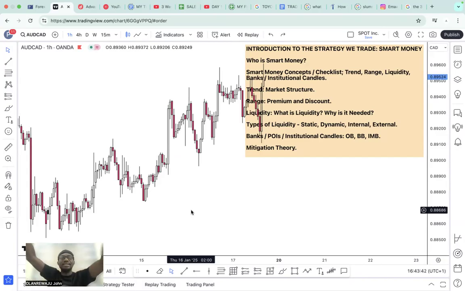If all of us are buying, then who is selling to us? Is it making sense? So the idea behind smart money is that they look at regions where they believe retail traders will want to buy. In that kind of region, they will deceive retail traders to buy, then they will sell. And since they have large capital, they control the market direction. So at the end of the day, they end up making more profits than us.